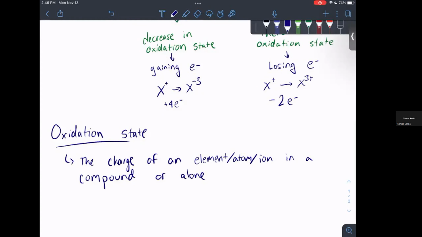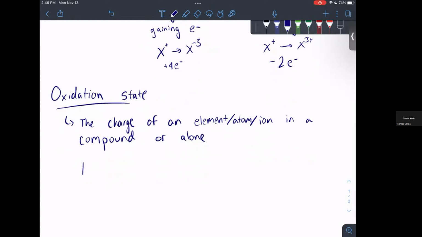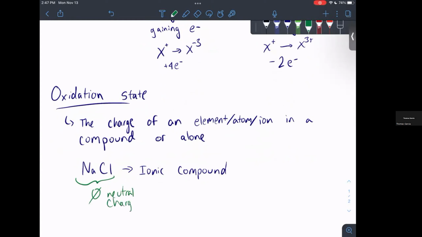So for example, if we are to look at sodium chloride, a pretty basic example, this is an ionic compound. In this ionic compound, the overall charge is 0, neutral charge. But if we look at our oxidation states, we find that our sodium has an oxidation state of +1, and our chlorine has an oxidation state of -1.